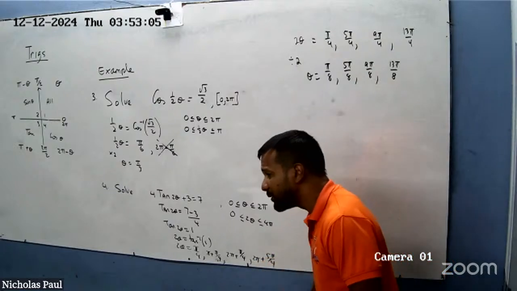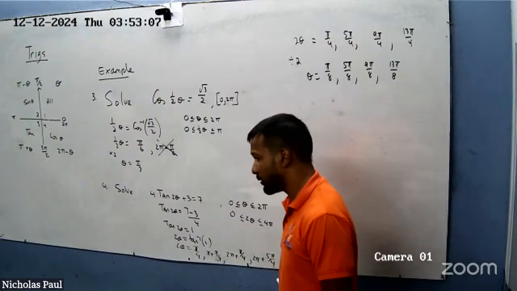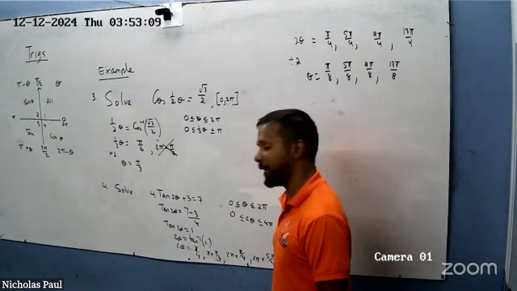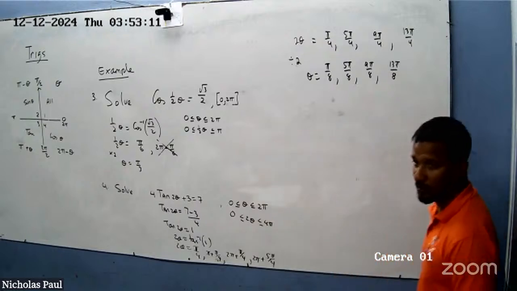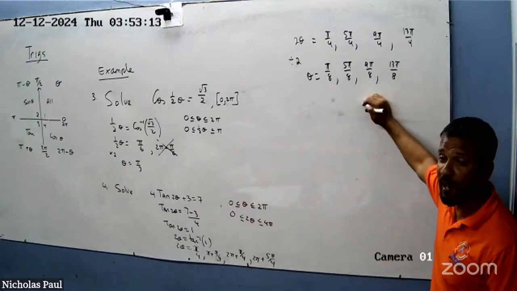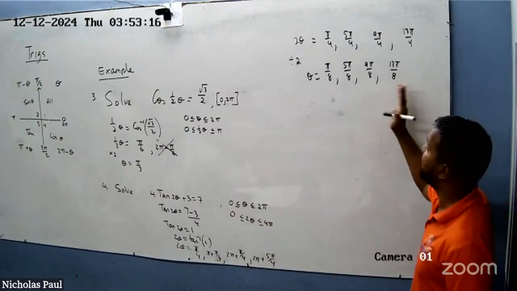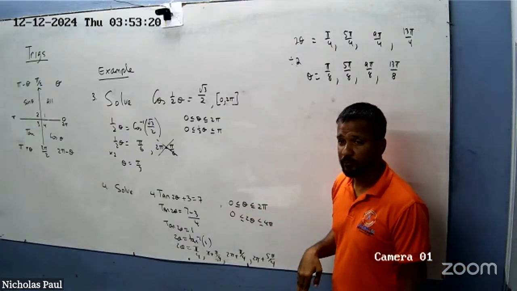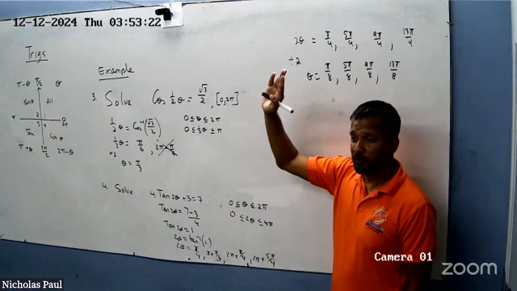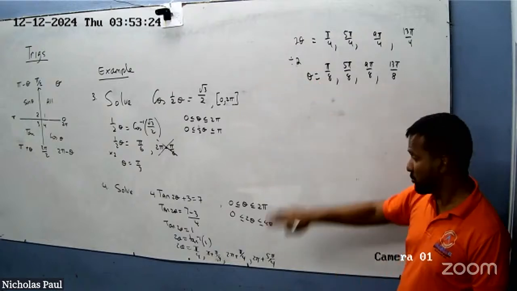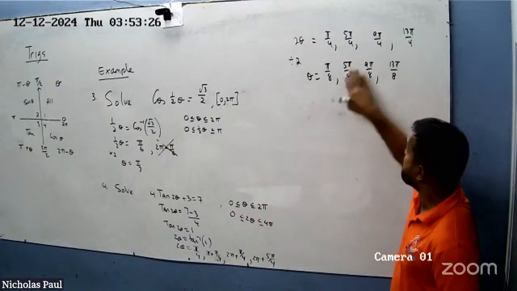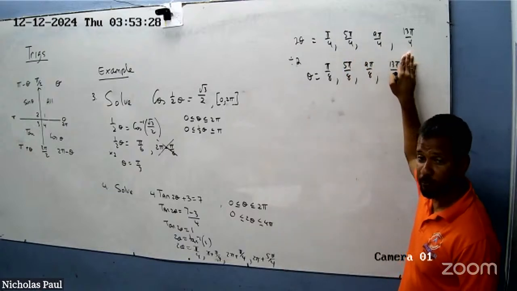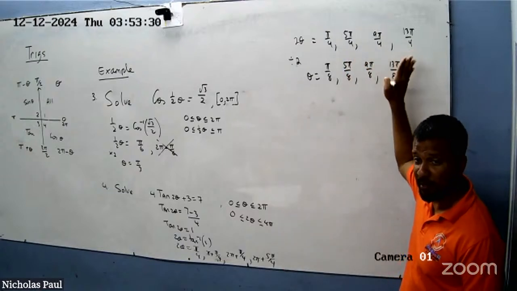You're okay with these 4 values? And these 4 values fall within the range, right? Do you understand why I got these 4 values? Everybody okay with that?